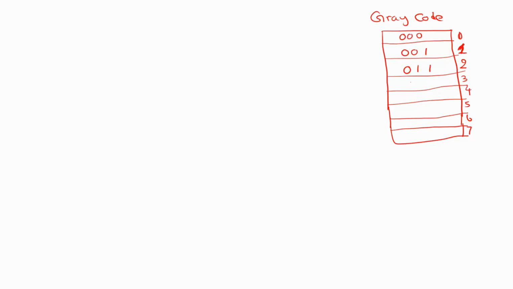It is different. And 3 means 0, 1, 0. 4 means 1, 1, 0. 5 means 1, 1, 1. 6 means 1, 0, 1. 7 means like this. Okay. So this is how gray coding scheme is used.